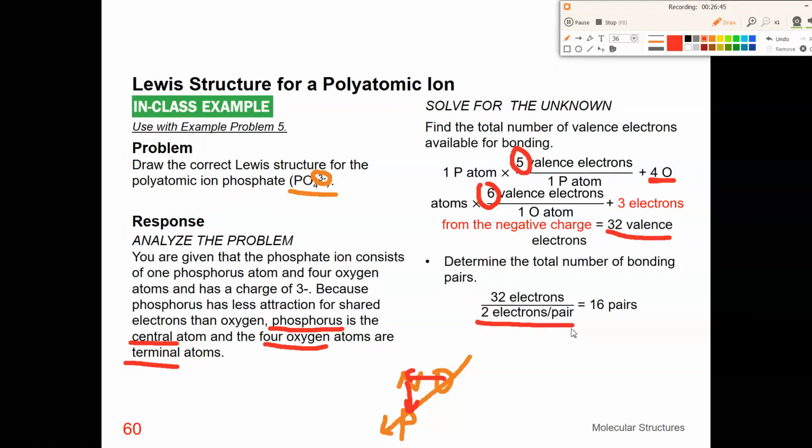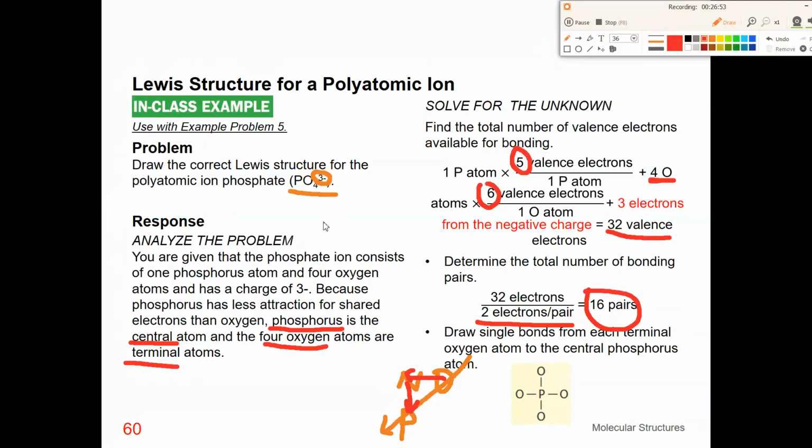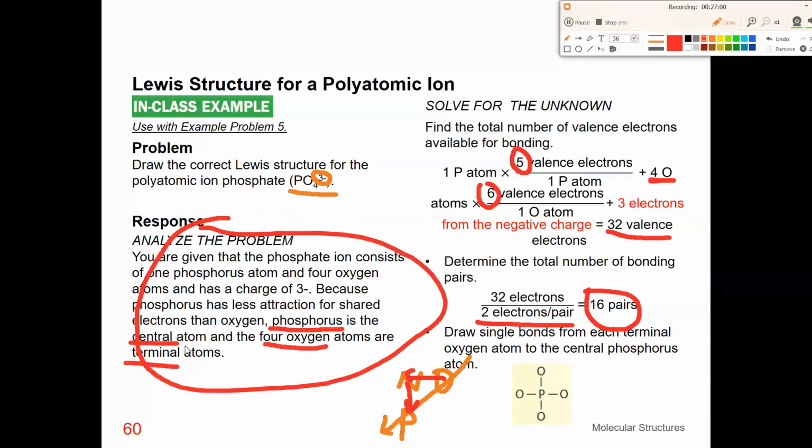Divided by 2 electrons per pair, we have 16 pairs. So next step, we put phosphorus in the center and oxygen in terminal. Then we put the single bonds between phosphorus and oxygen.